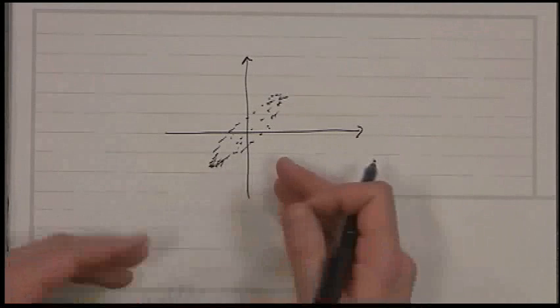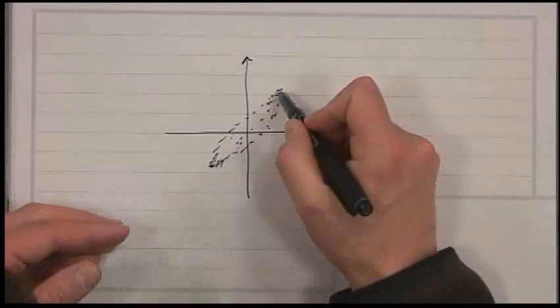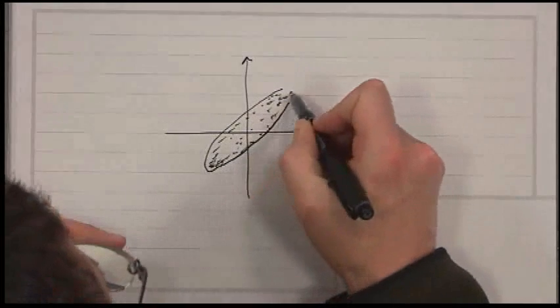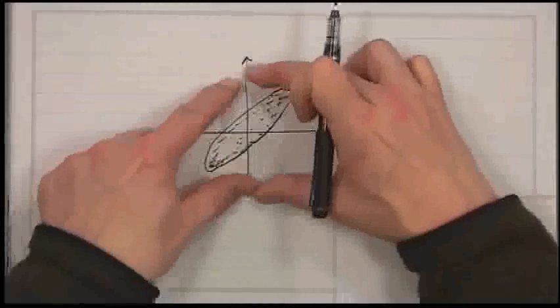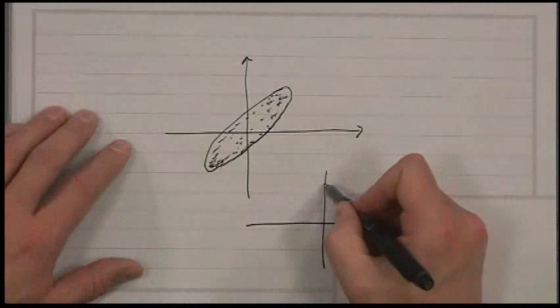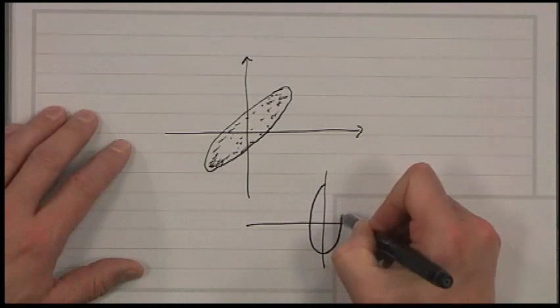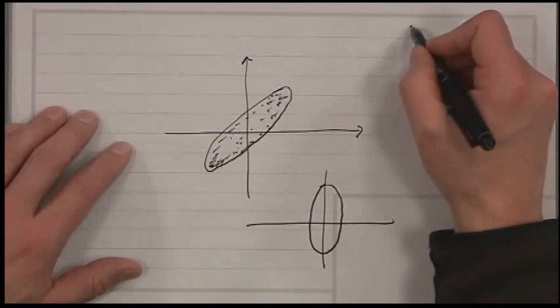You'd say there's a positive correlation between those, and that's because it forms an ellipse like this. But if you rotate it with an orthonormal rotation, you can decorrelate it.